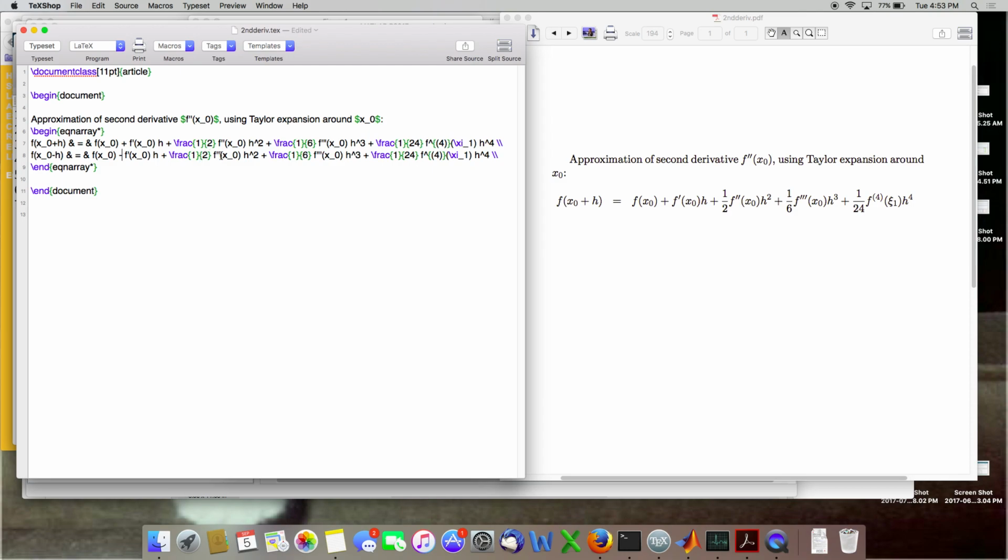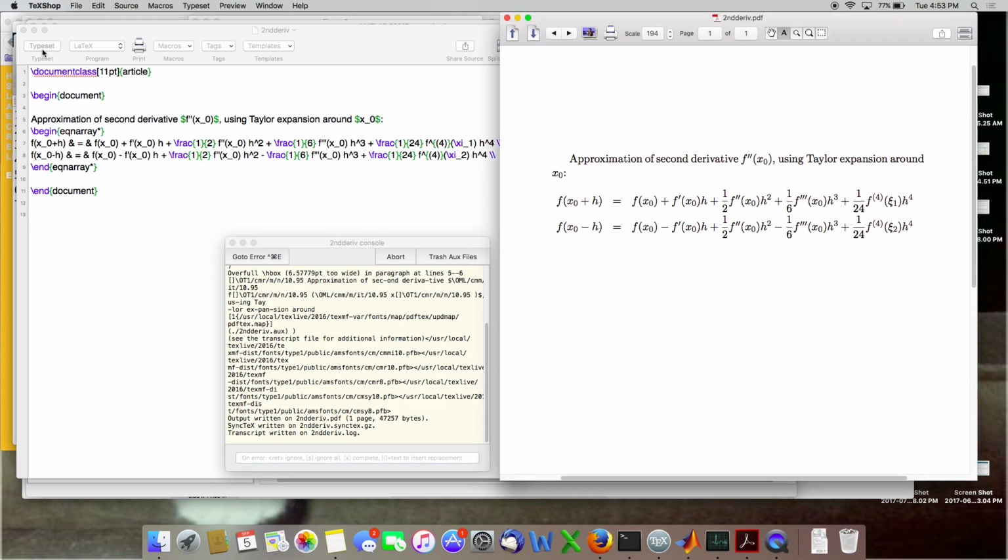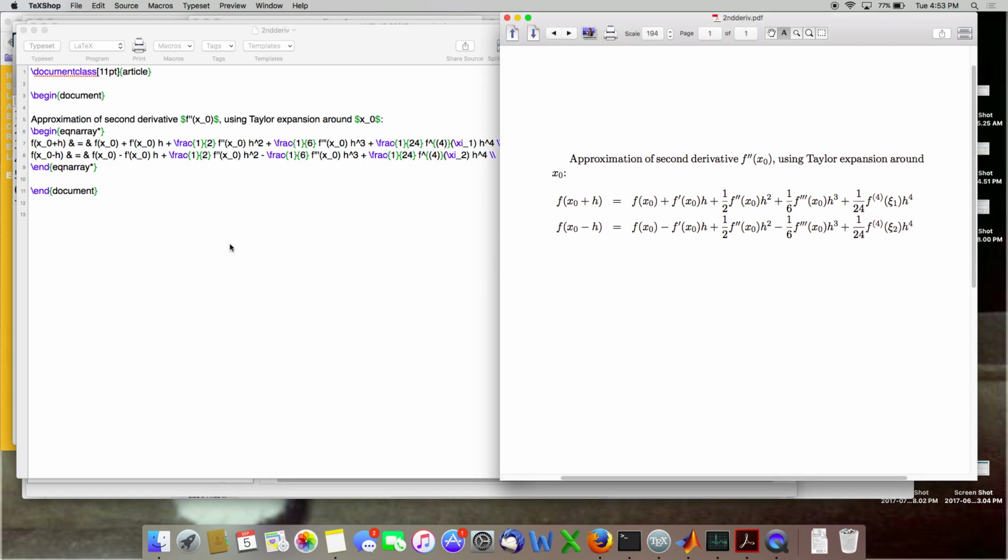But minus h quantity squared is the same as h squared, so this term stays the same. So it's terms of odd powers of h that change. And my unknown point will be xc2. Being able to copy, paste, and change things certainly makes it easier to produce these documents quickly and legibly.